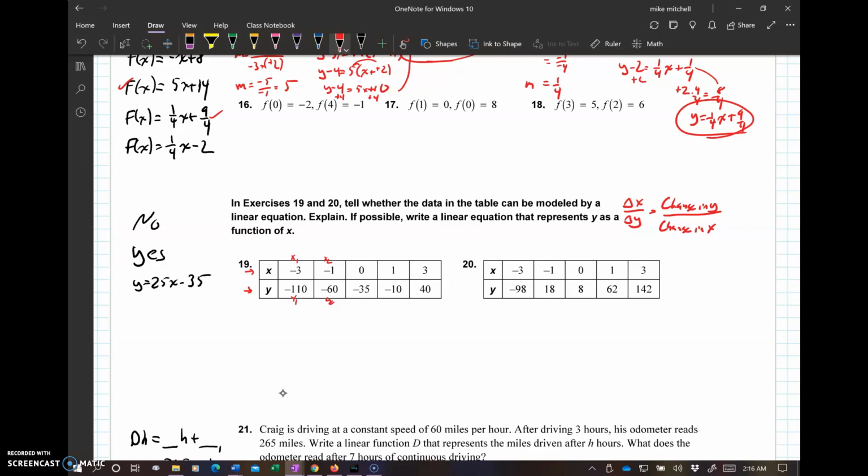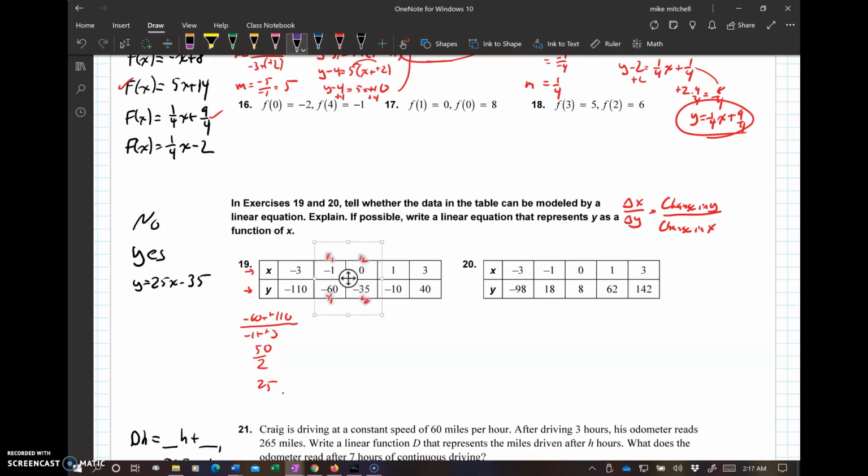So I'm going to have -60 minus a -110 over -1 minus a -3. That goes to plus a positive. That's 50 over 2. That comes out to 25. Now I got to do the same thing, but with these numbers. So you're basically treating it the same. Things aren't changing.